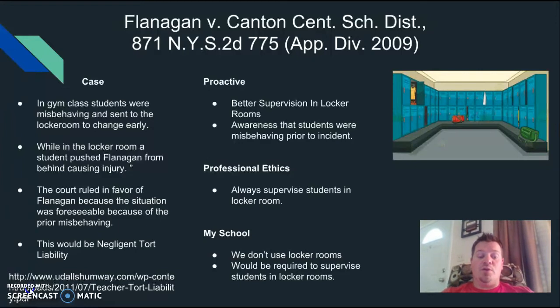That should just be the rule. I work at an elementary school, so we don't use locker rooms. But at the schools that do have them, I've coached at the high schools and things like that, and we are always supposed to have somebody in the locker room to help with supervision at all times.